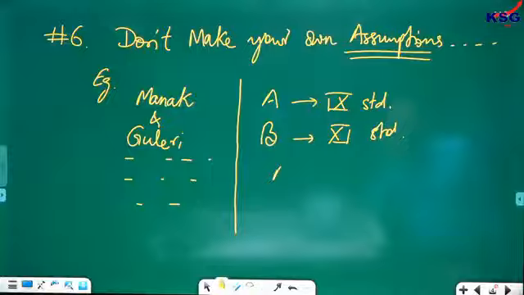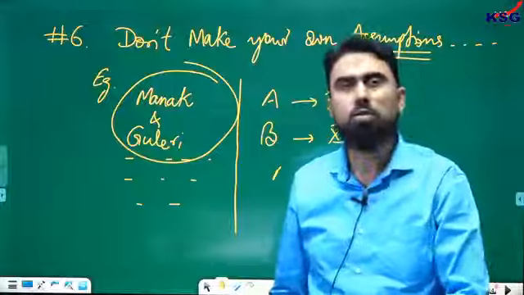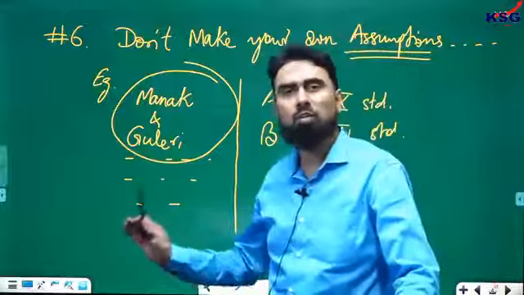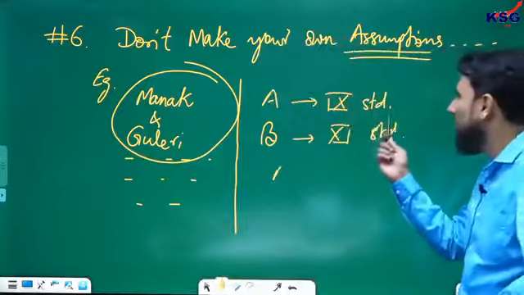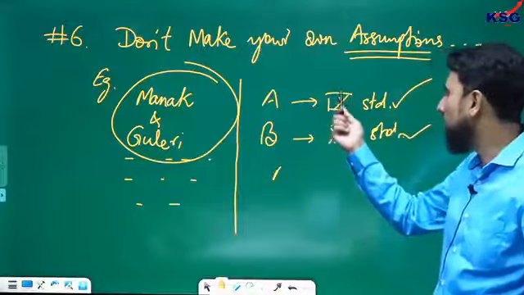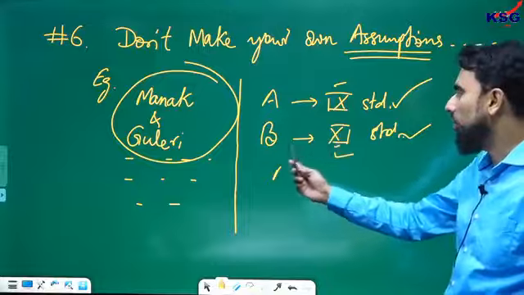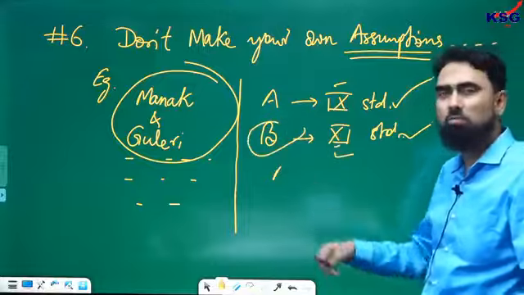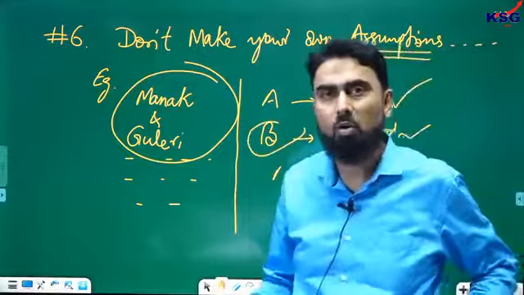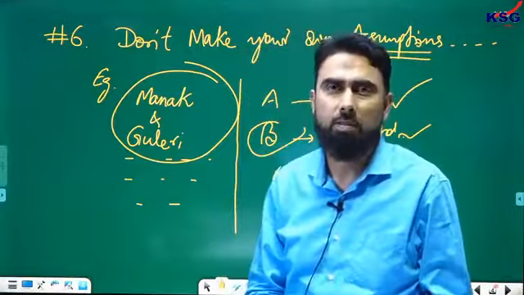For example, if Hindi names have come across in the paragraph, in the story, and you have made your assumption that they must be Indian, though no information is given. Similarly, here the two students and their standards, the classes, are mentioned. One is from 9th, the other from 11th, and you have assumed that since it's from a higher class, B must be taller. That's an assumption, but that may be wrong. So don't make any such assumptions that are prone to be incorrect, right?